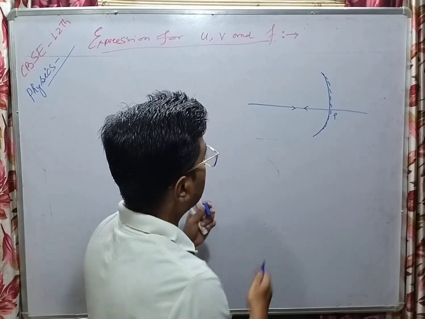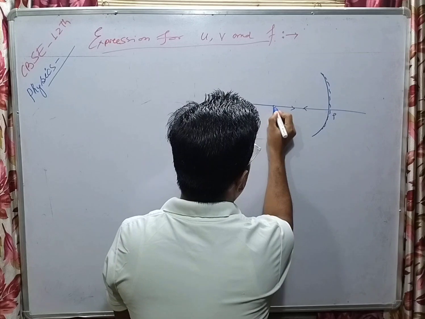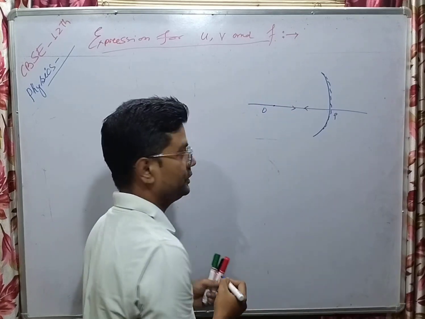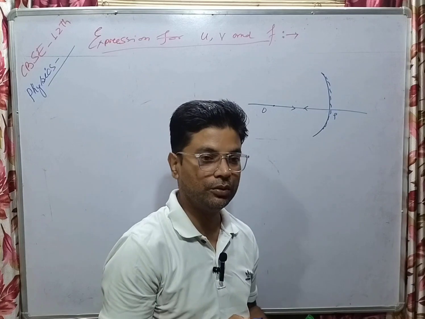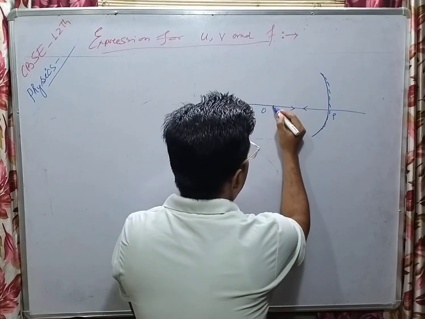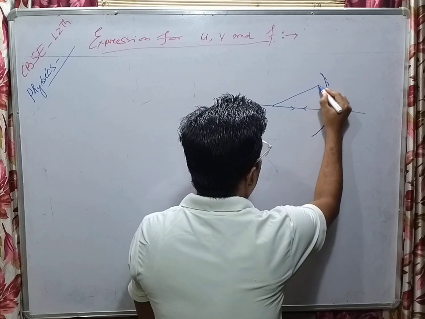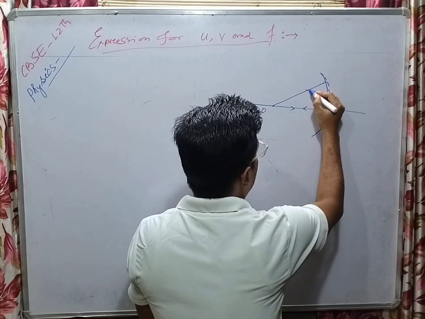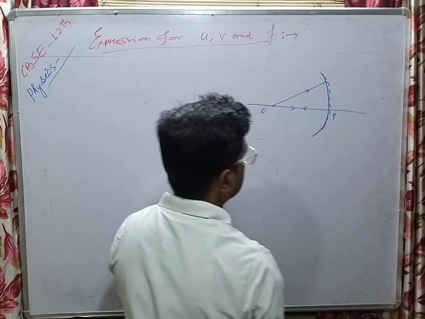Suppose at point O is a point object. At point O, I have considered a point object, and a ray incident on the mirror like this.